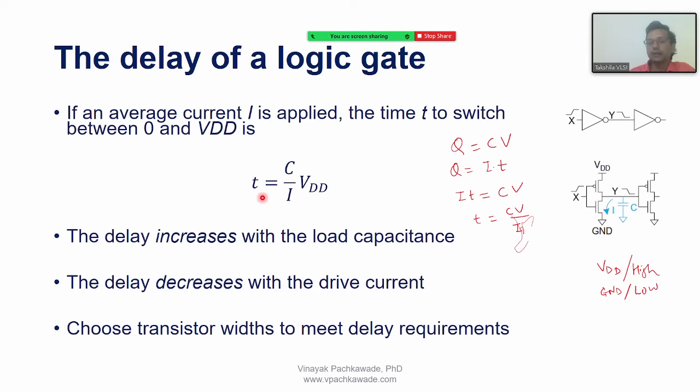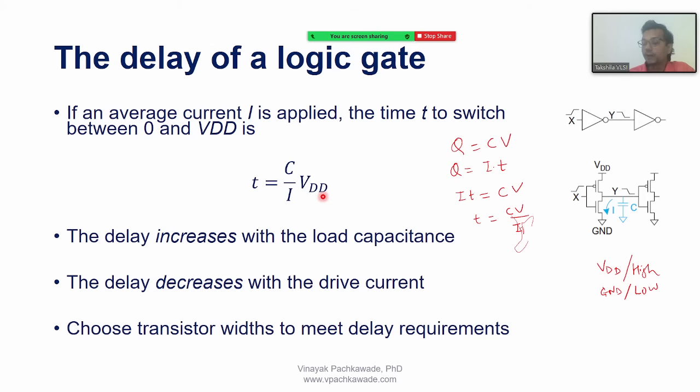And of course, if I want to reduce the delay, I want to increase the current. If I have a higher amount of current coming out of the circuit, I am able to reduce the delay. Also, smaller supply voltages. Nowadays, we are working with technology at process nodes of 10 nanometers and even below.